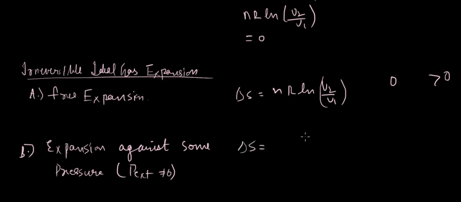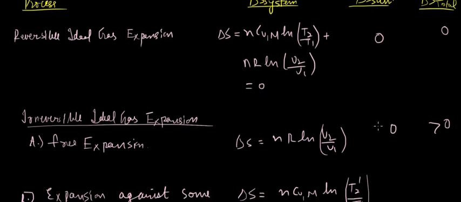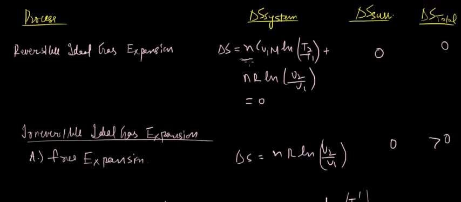So delta S can be written as n C_vm ln T2' upon T1, where T2' is the final temperature of the irreversible expansion, plus nR ln V2 upon V1. So please see that in the reversible case this term would be acting as a positive term, and this term would be acting as a negative term, to balance each other out, and the sum would be 0.